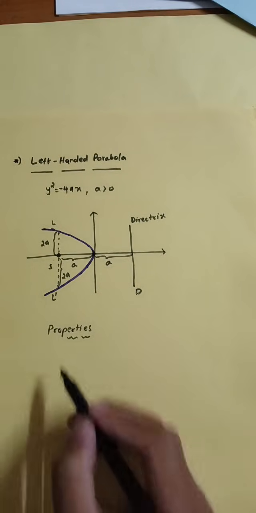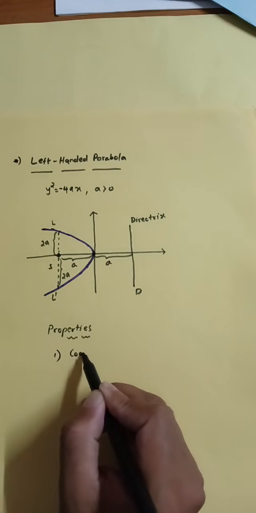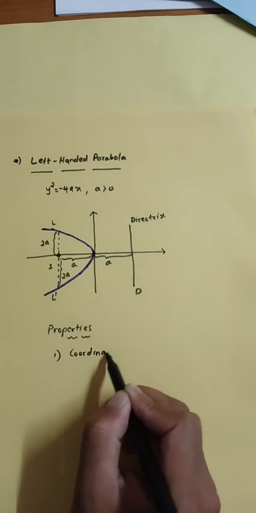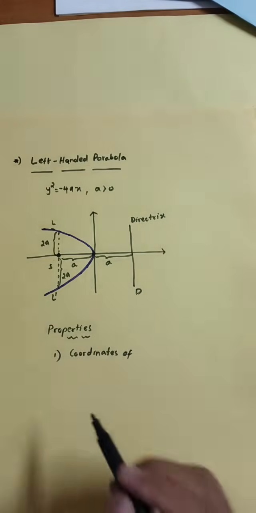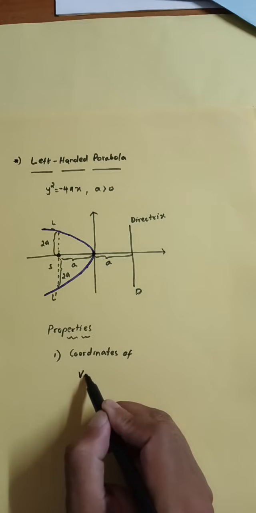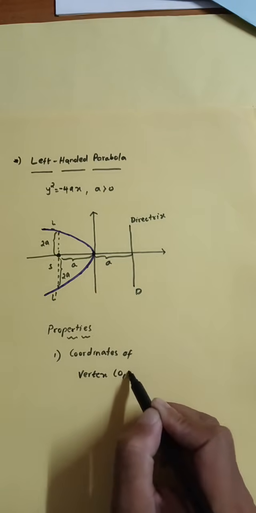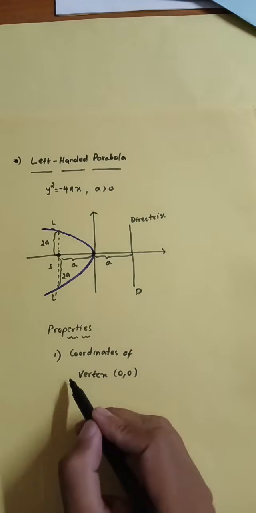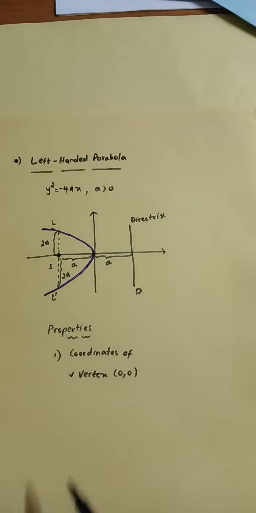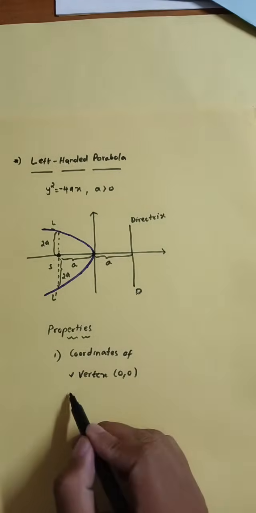Yes, 4a. Now the coordinates. The vertex is at the origin, therefore the coordinates will be 0 and 0. Next we look at the coordinates of your focus.